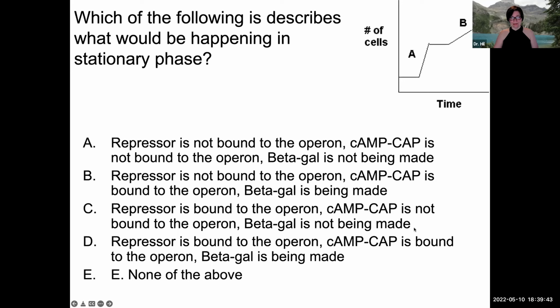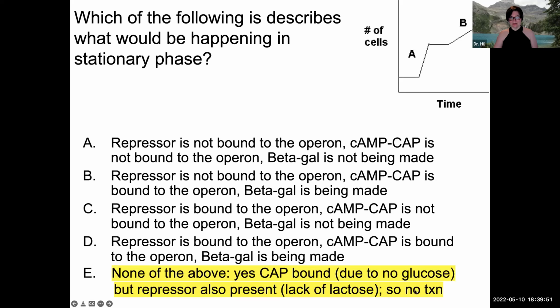This one says CAP is bound, which is true. This one says the transcription's off, which is true. But there's an incorrect part of these statements. It is E. CAP is bound due to no glucose. Repressor is bound due to lack of lactose, no transcription. Yes, that was tricky. That was on purpose. Okay, pay attention to detail.